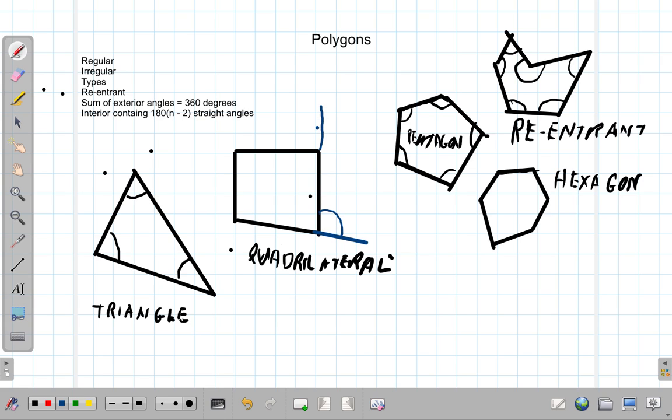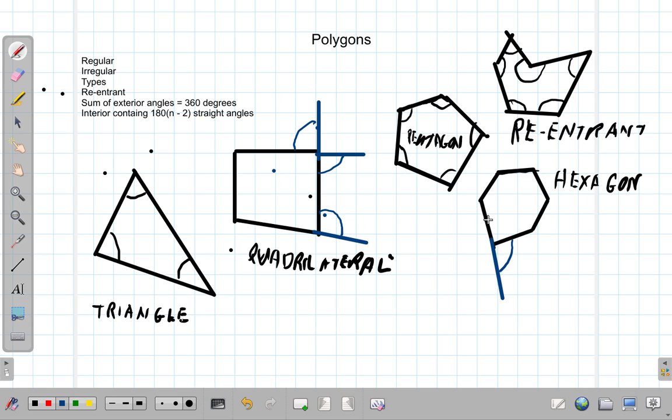If I extend this and I form an angle out here, that's an exterior angle. I could extend this too and form an angle here. That's an exterior angle. I can extend this side and form an angle outside here. That's an exterior angle. All right.